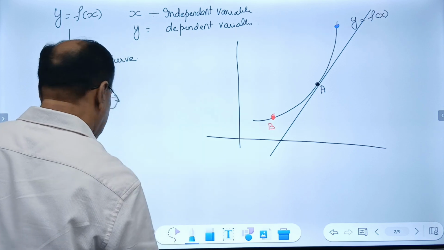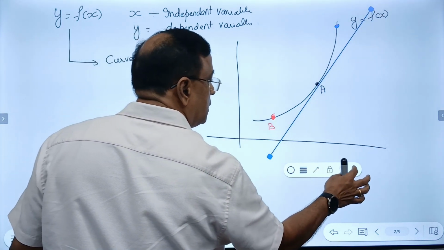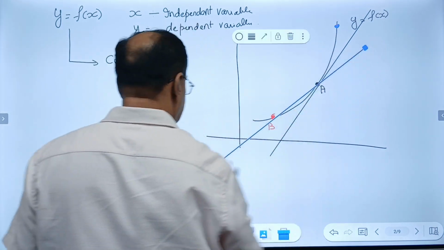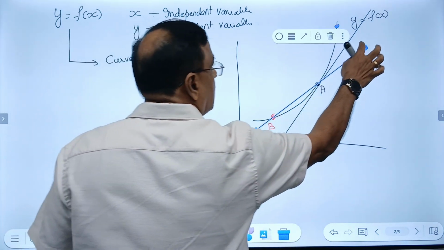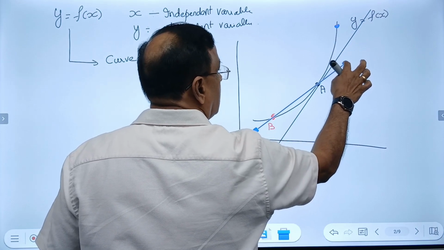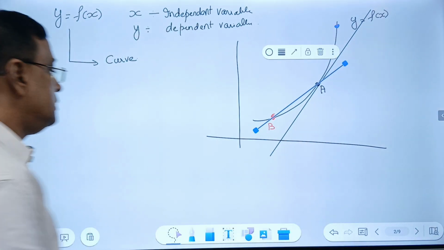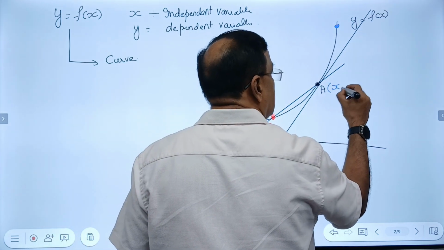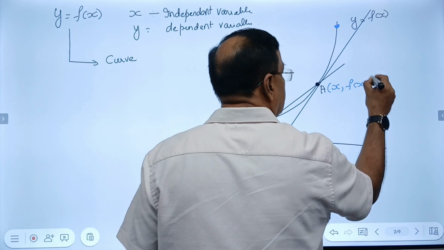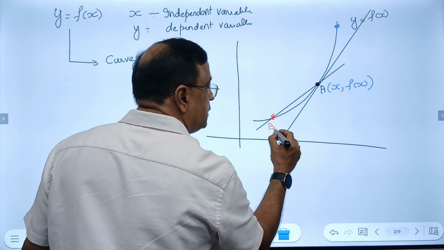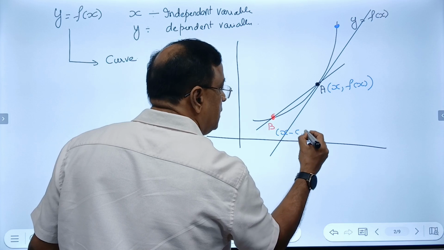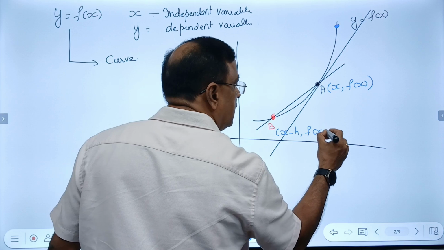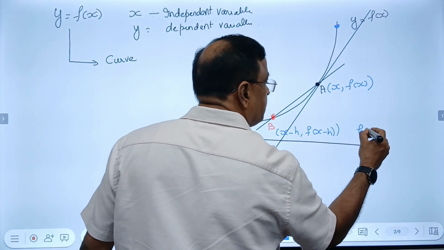Now you draw a secant connecting these two. This is the secant. So for example, if this point is x comma f of x, this will be x minus h comma f of x minus h, where h is positive.